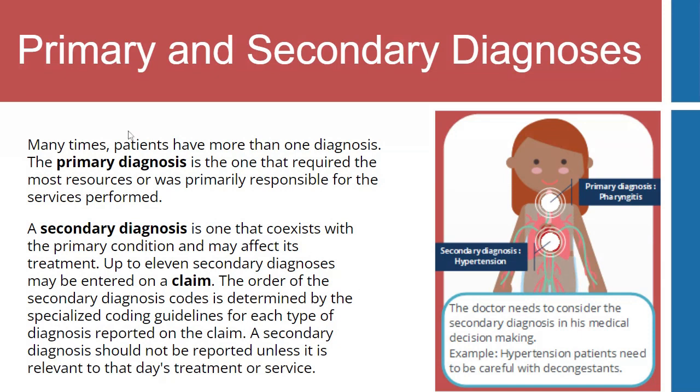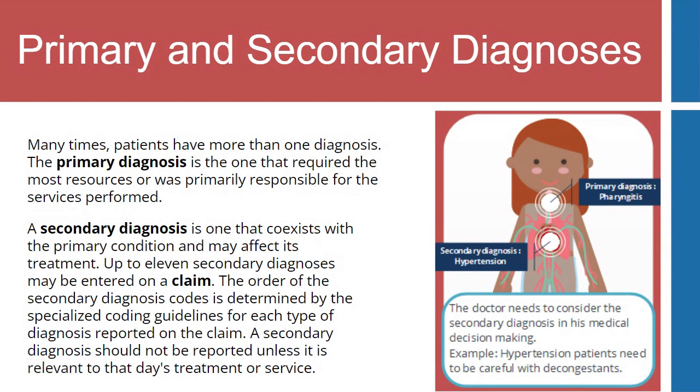Okay. So you have the primary diagnosis code, which is the main reason. That's the one you want to list first. And then the secondary diagnosis code, right? That's the other diagnoses that coexist. Up to 11 secondary diagnoses can be entered on a claim. So you want to make sure you know that that is a certification question.